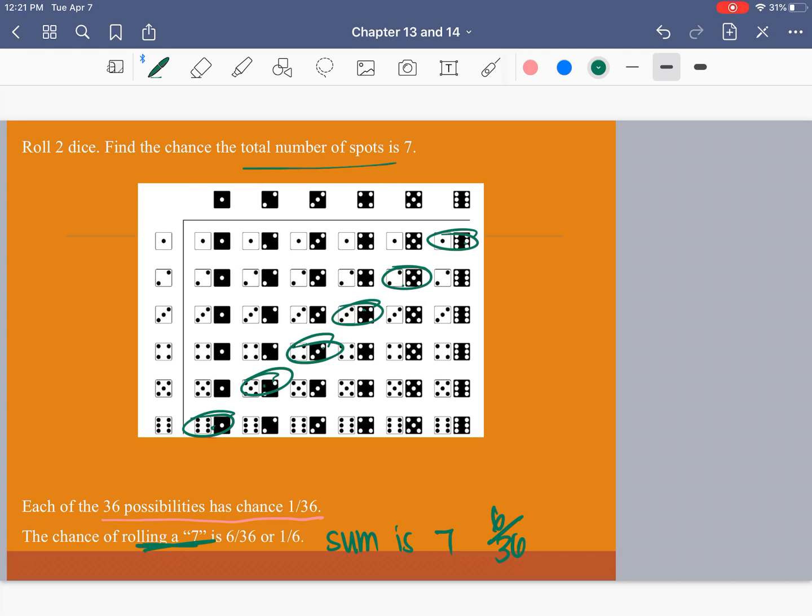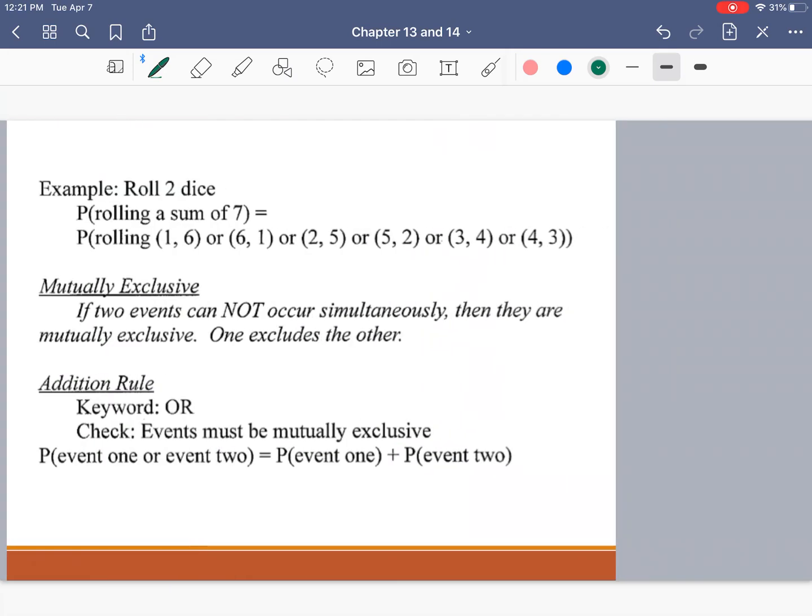So there are 1, 2, 3, 4, 5, 6 out of the 36 options to get to that 7. So we just said the probability of rolling a sum of 7 is 6 out of 36.